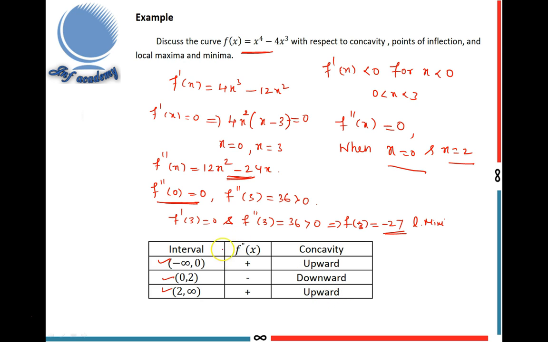And here the point 0 comma 0 is an inflection point, because the curve changes from positive to negative, that means concave upward to concave downward.